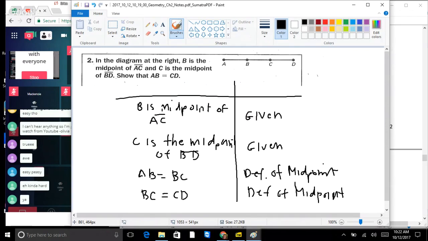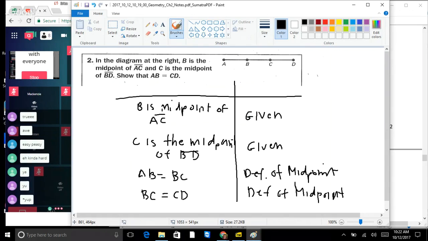Okay. Everybody okay so far? Okay, so now what do you notice we have? We're trying to show that AB equals CD, right? Right here we have AB equals BC and BC equals CD. These two are equal to each other, right?